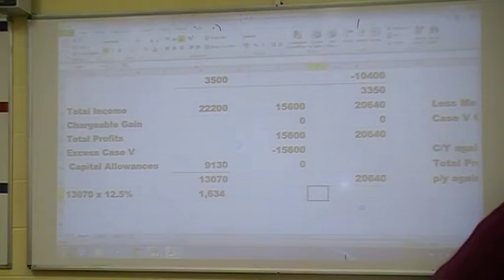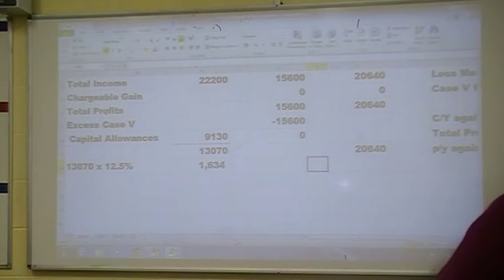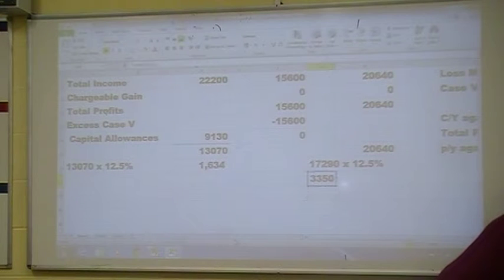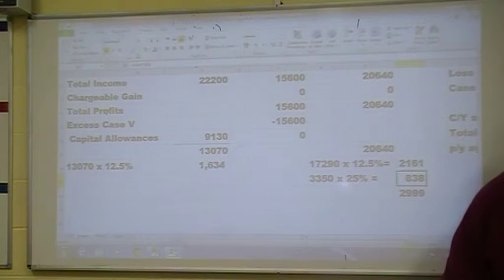And that's taxed at, what's our case 1? 17,290 at 12.5%, and the balance, 3,350 at 25%. So that is 2,161 plus 838, which is €2,999.